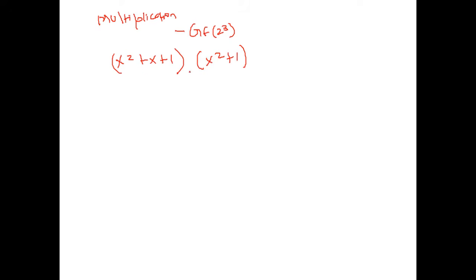Polynomial multiplication. So when you multiply these two elements, what will be the output? You take x square and you multiply here. So it will be x power 4 plus x power 3 plus x square plus, and you have a 1 here, you multiply that, that is x square plus x plus 1.